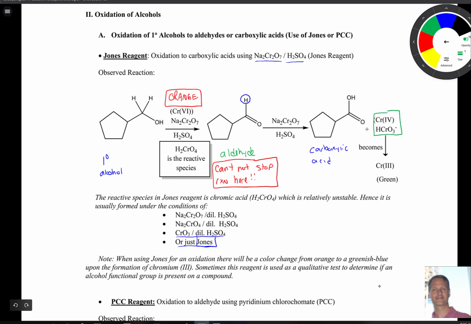Notice the oxidation state of chromium has changed, and this is a green color. Sometimes we can use this as a qualitative test to determine whether or not we have an alcohol. You take a little bit of alcohol in a test tube, put some Jones in, and see if the Jones turns from orange to a green color.